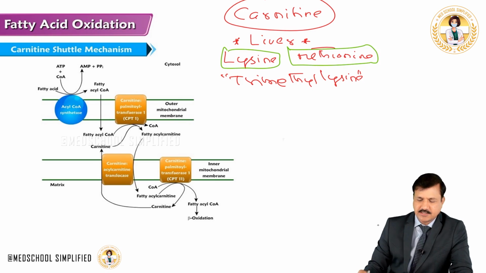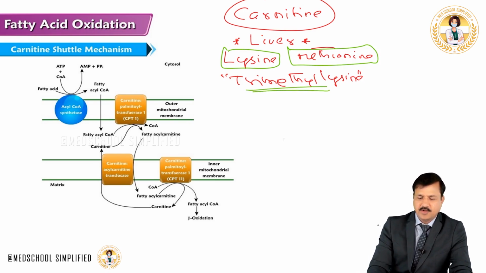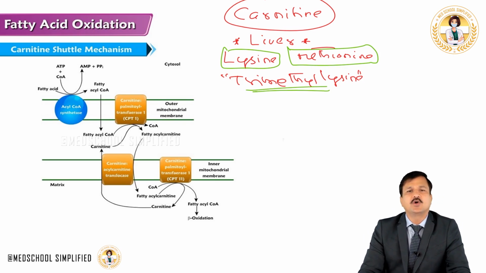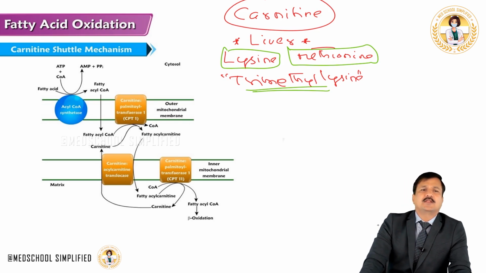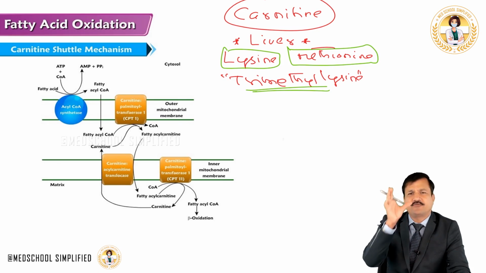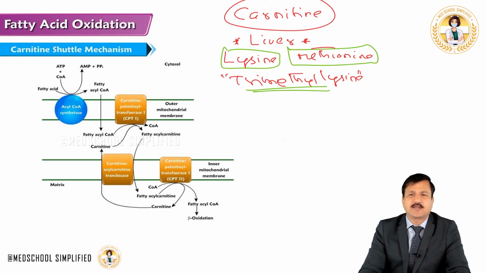These two are the essential amino acids required for the formation of trimethyl lysine, which is eventually converted into carnitine. And in this process, there is an enzyme called gamma-butyrobetaine dioxygenase. This is a four-step process. Carnitine biosynthesis involves four enzymatic reactions.